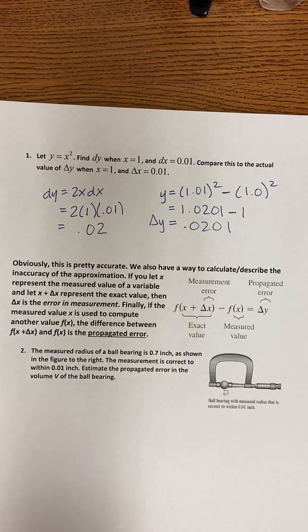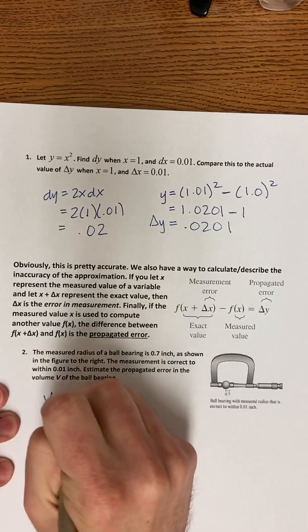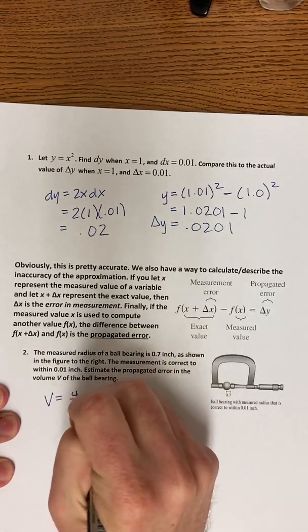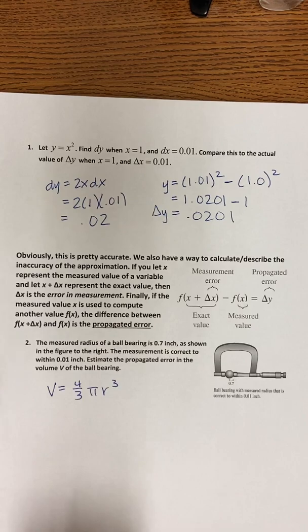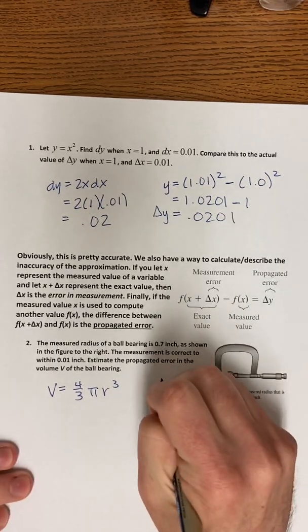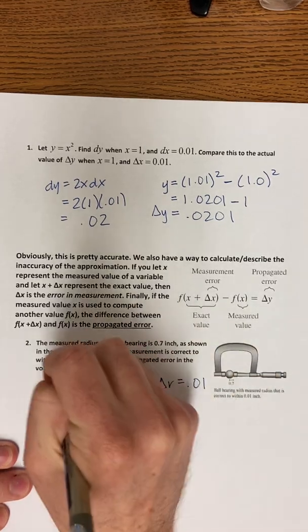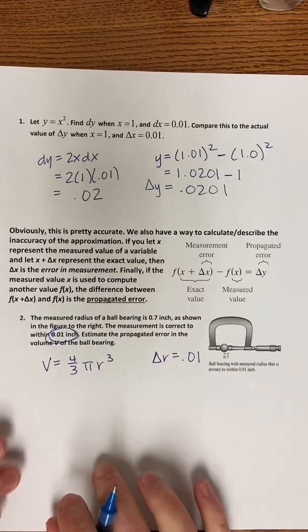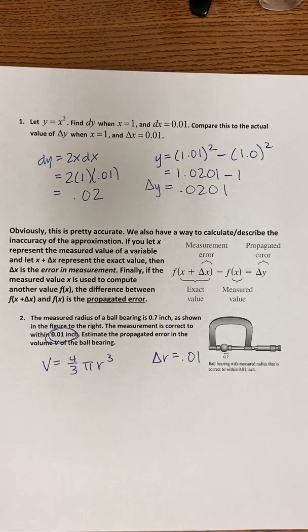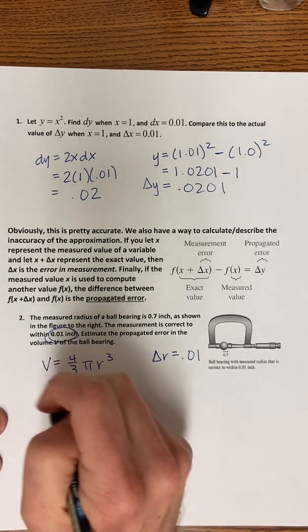So as a reminder, the volume of a sphere is 4/3 pi r cubed. Now, we know that our delta r, our possible error, is 0.01 because it's within 0.01 of an inch. Now, I can take the derivative of both sides here.